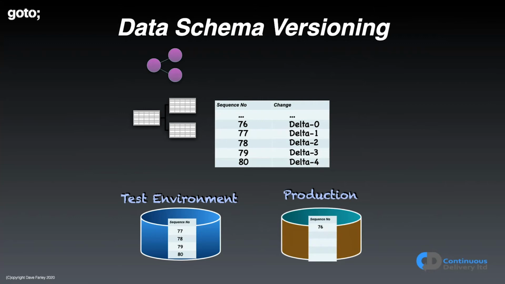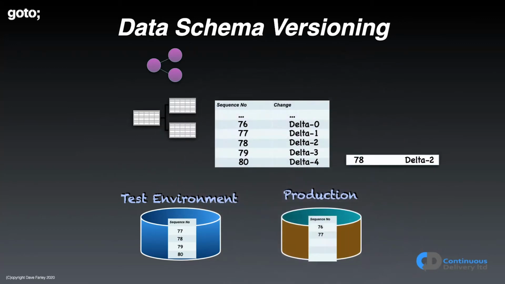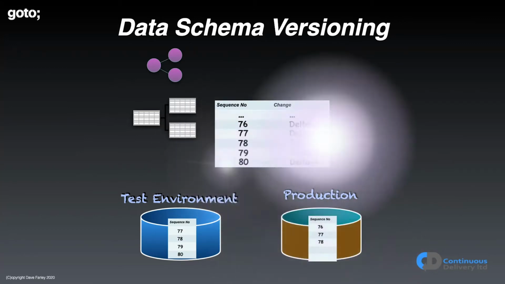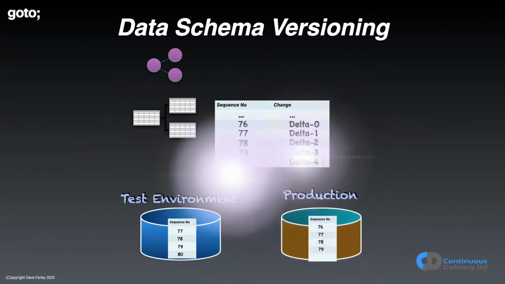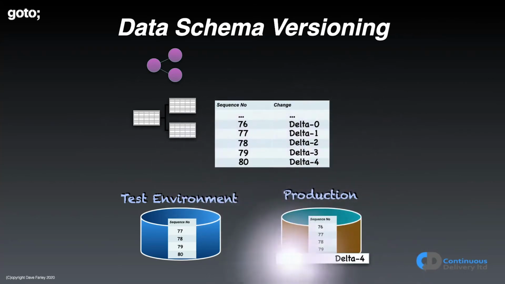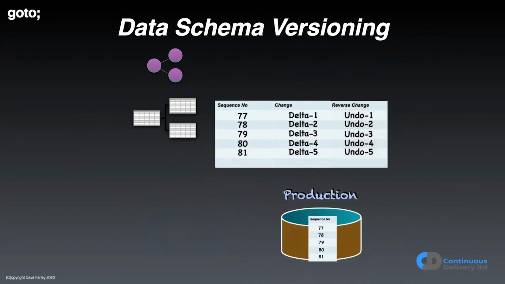That means we need to replay deltas 77, 78, 79, and 80 in order to get production up to the same version that this release candidate requires. And then we're good to go. This is an effective deployment time strategy for migrating data.